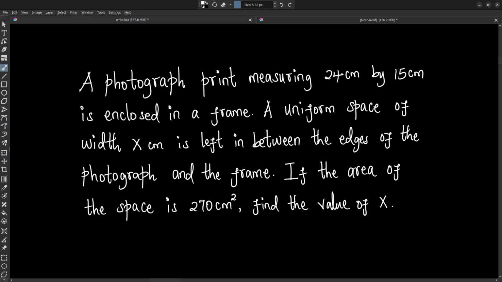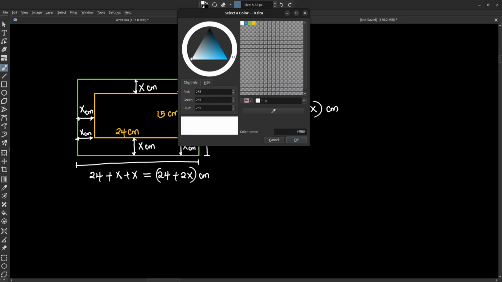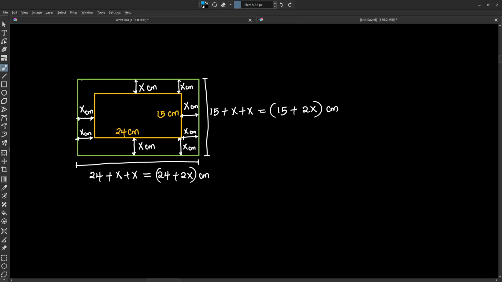Okay, let's go back to the question. We are told that the area of the space is 270 square centimeters, find the value of x. So the space is all this.